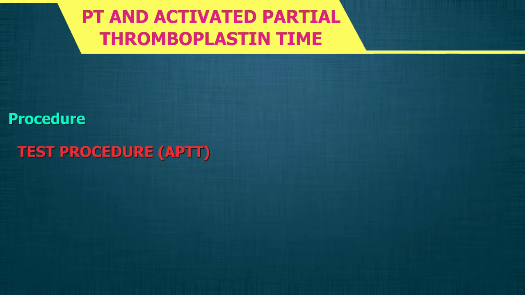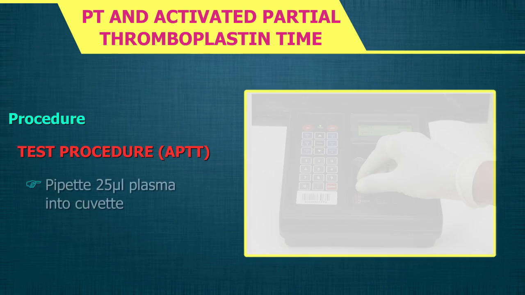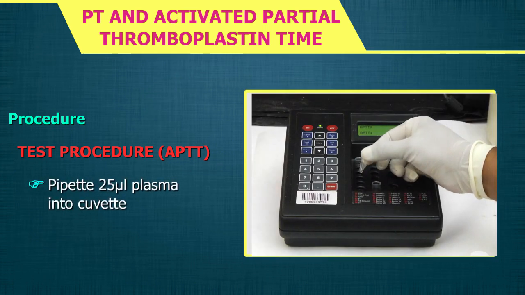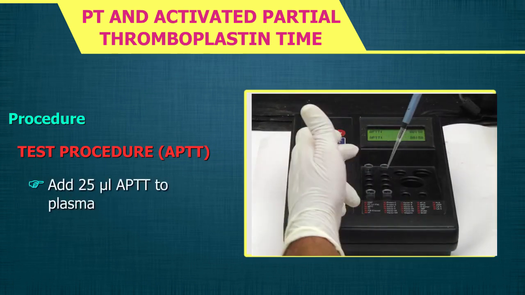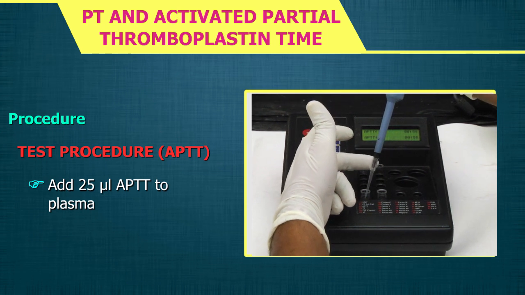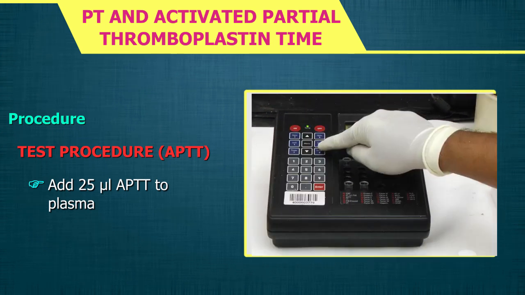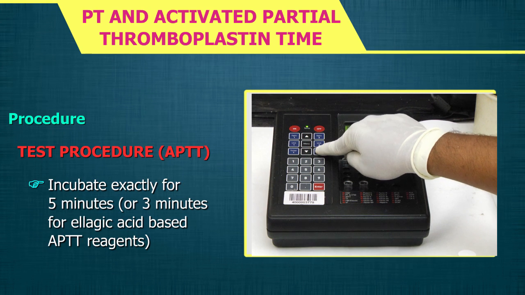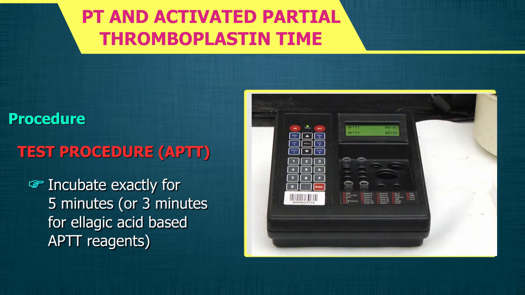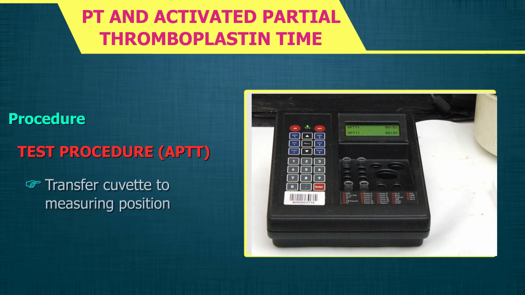Test procedure for APTT. 1. Pipette 25 microliters plasma into the cuvette. 2. Add 25 microliters APTT reagent to plasma. 3. Incubate exactly for 5 minutes, or 3 minutes for ellagic acid-based APTT reagents. 4.